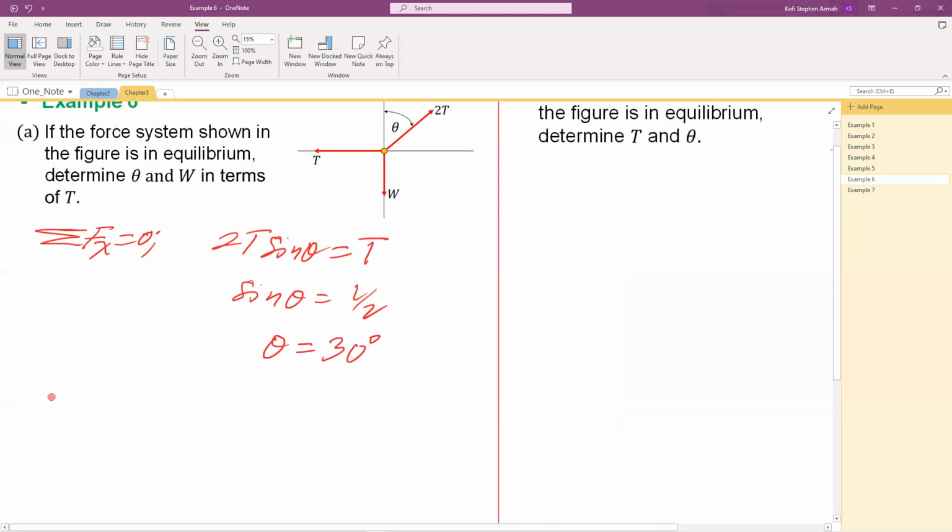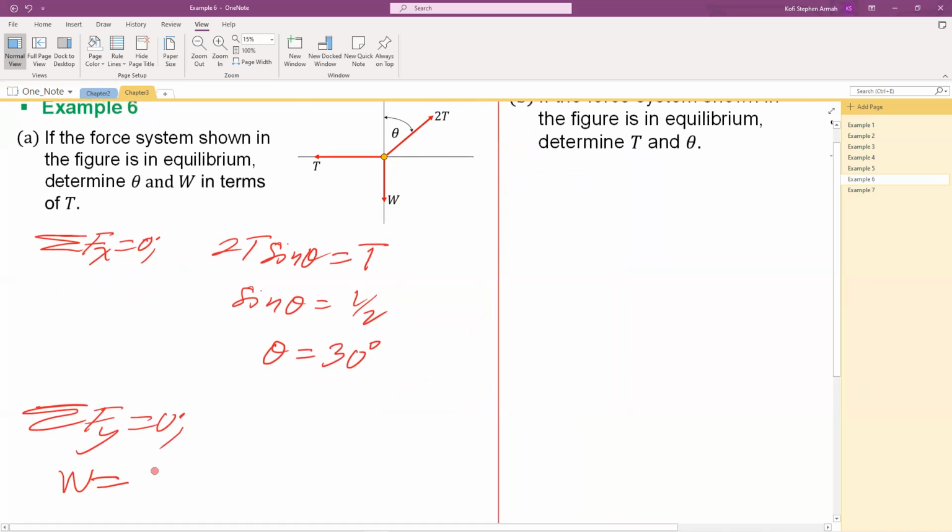Therefore, if you go to, let me zoom out a bit, sum of forces in the Y is equal to 0, then we can write W, which is coming down, and the only one that is going up is your 2T cosine theta.